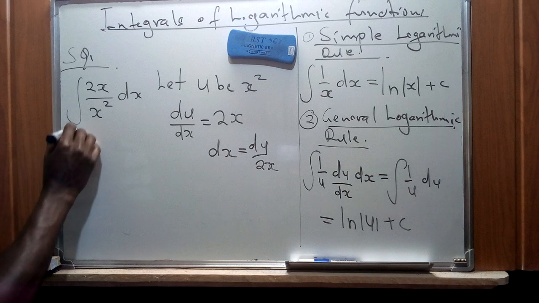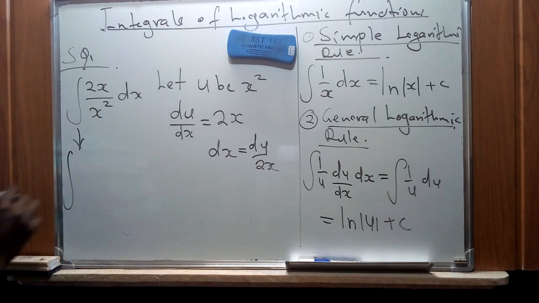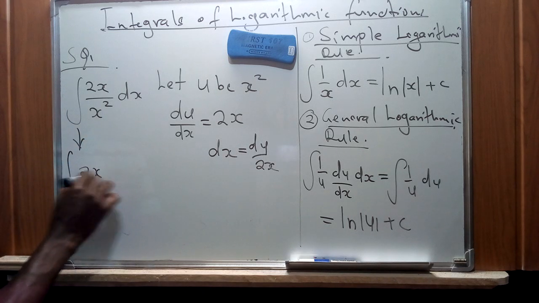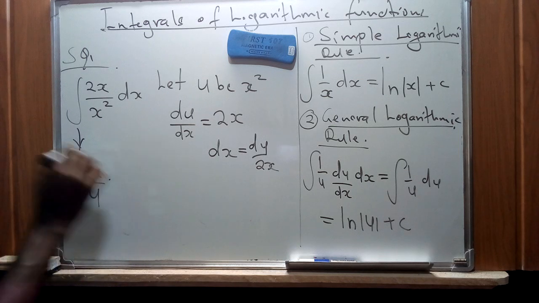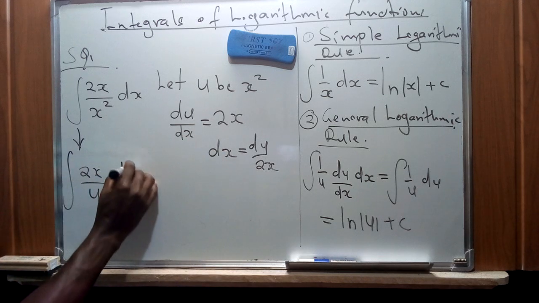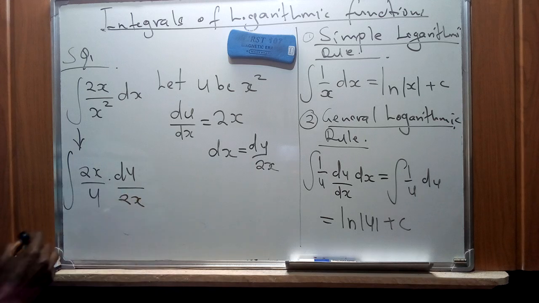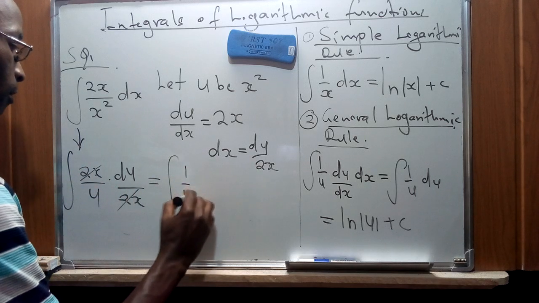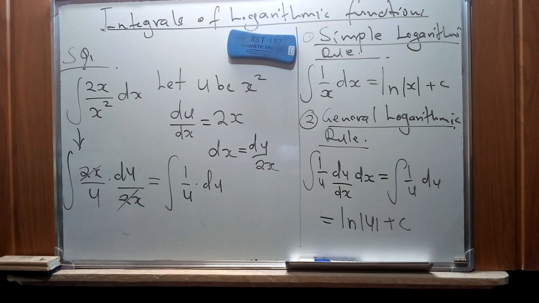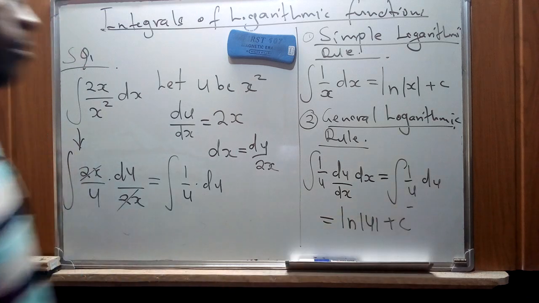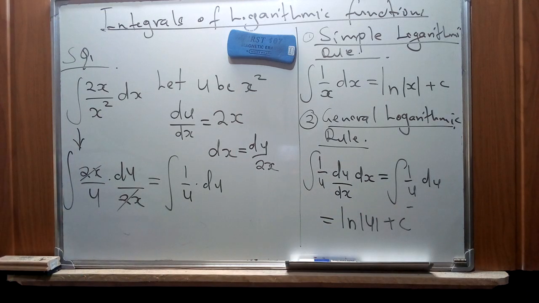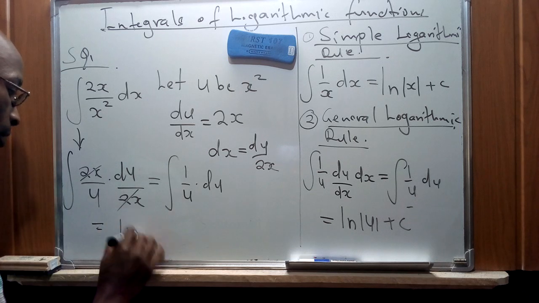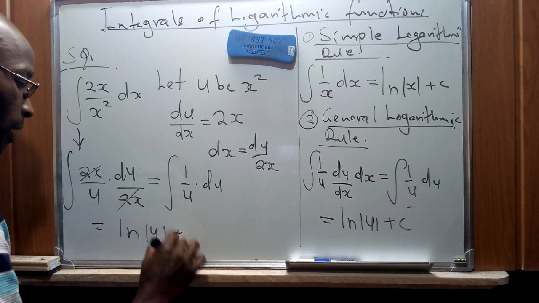Substituting, the integral can be written as 2x over u, times du over 2x. The 2x terms cancel out, and this gives the integral of 1 over u du. This is the general logarithmic rule, so the answer is the natural log of u plus c.